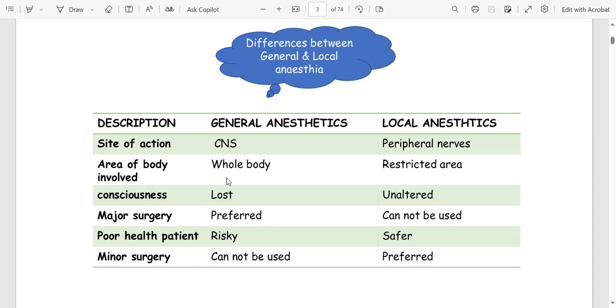In general anesthesia, consciousness is lost, meaning you can't tell what's happening. You are gone, right? But in local anesthesia, consciousness is okay, you are fine. For example, someone in the labor ward can be given local anesthesia, like spinal anesthesia. That one is also local.